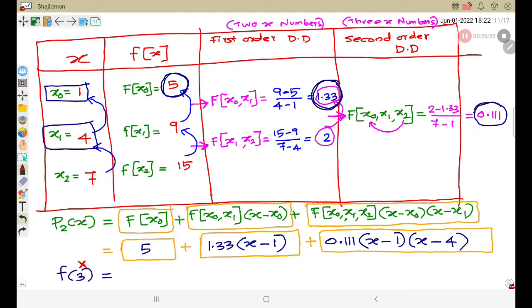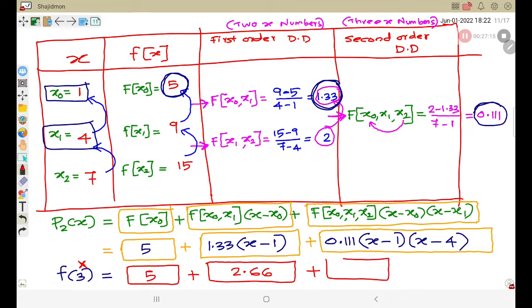The first number is 5, plus 1.33 multiply 3 minus 1, you will get 2.66 using 3 digits chopping, plus 0.111 multiply 3 minus 1 multiply 3 minus 4, you will get minus 0.222.